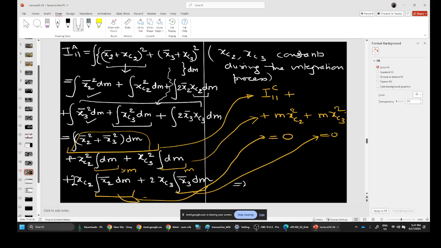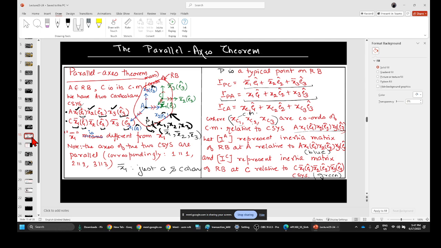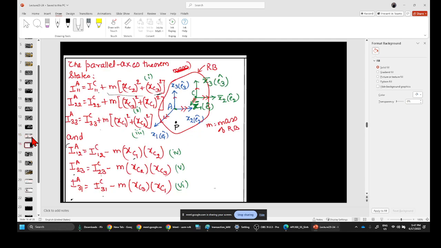We get IA11 from here. That equals 3 terms. First is IC11 and then m times (xc2 square plus xc3 square). This is the first statement of the parallel axis theorem. Slide number 15, 16. This is what I claimed was the first statement. I have proved it.